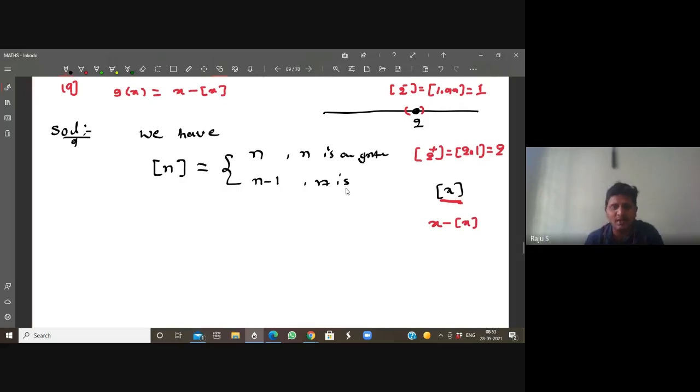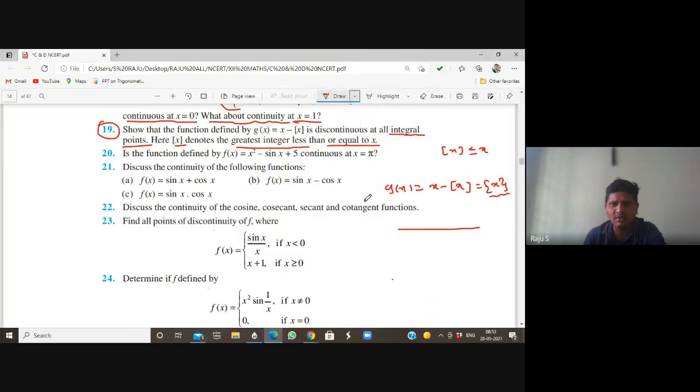How can we write this condition? We can write like this: n minus 1 lesser than or equal to x. Otherwise, if you take x here, we'll get two different cases. x lesser than n. Clearly, what they have given in the question itself is that this denotes the greatest integer lesser than or equal to x.